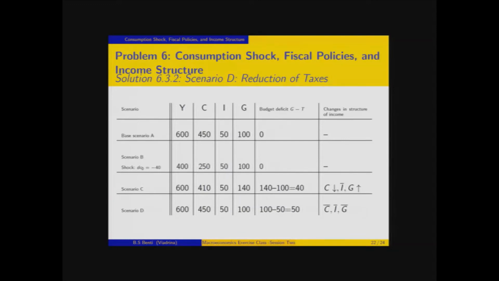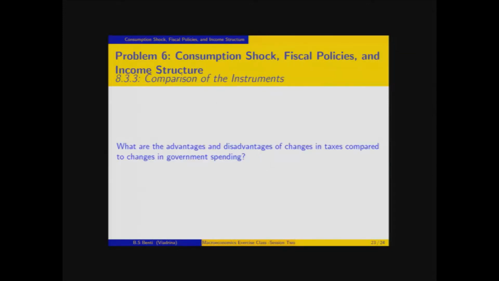However, in scenario D, when we had a decrease in tax, our consumption remained constant because it was 450 in the basic scenario, and it remained to be 450. Our investment remained also constant, and our government expenditure remained constant.